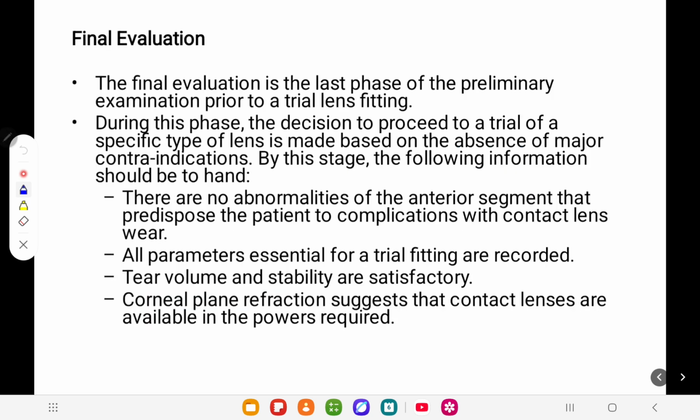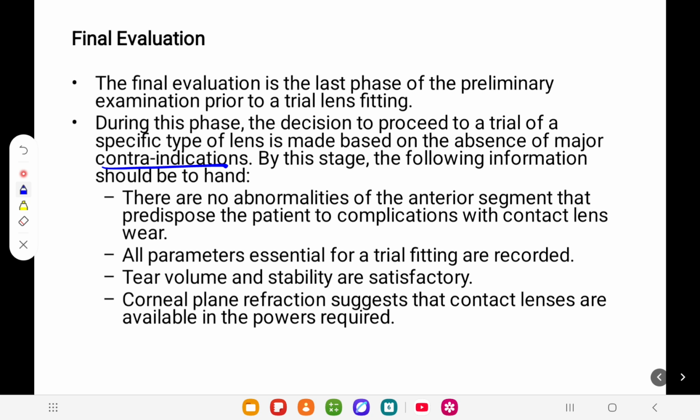So, final evaluation. The final evaluation is the last phase of the preliminary examination prior to trial lens fitting. During this phase you have collected all the information and all the data. The decision to proceed to trial lens, of a specific type of contact lens, is made based on the absence of major contraindications. That we have to understand: whether there is a major contraindication or not.